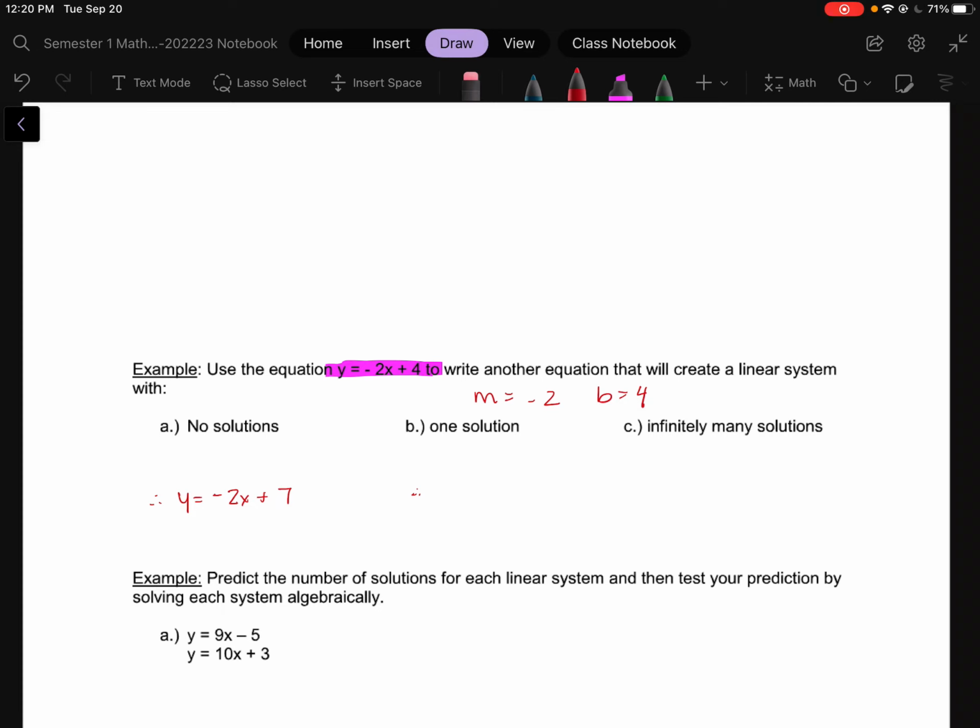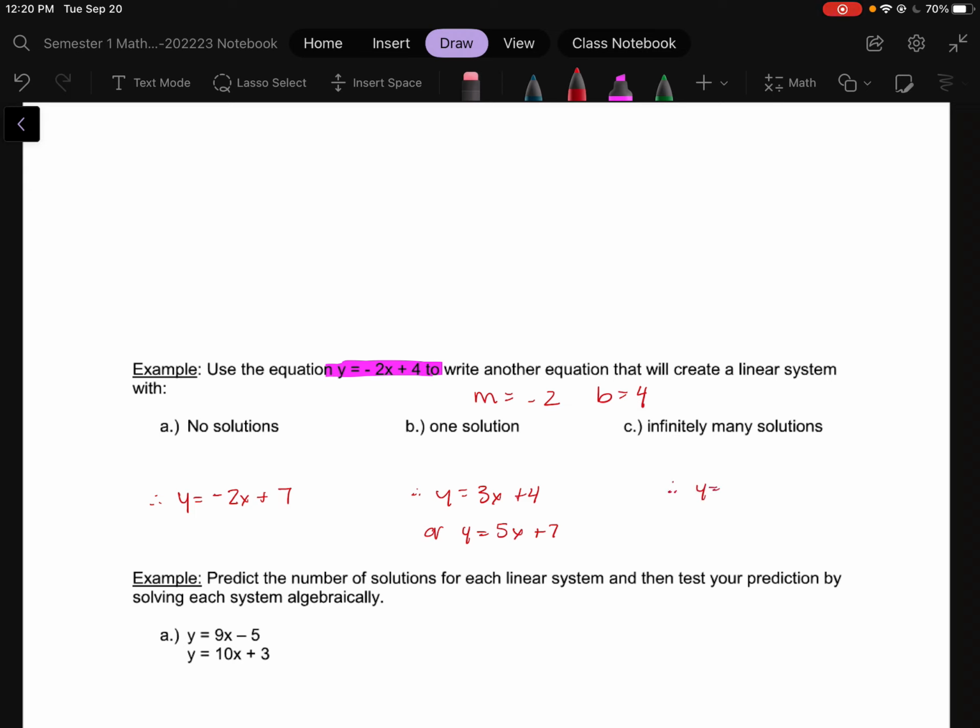Having a different slope, we can say y equals 3x. And then we can have the same y-intercept, or we can say y equals 5x plus 7, just putting random numbers out because we're having a different slope and the same or different y-intercept. Now we can have many different solutions, so same slope, same y-intercept.